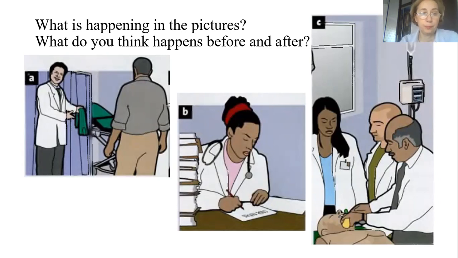After that, the doctor begins to examine the patient. Yes, you're right. And so the doctor has probably completed some case history form about the symptoms and conditions that the patient told him.